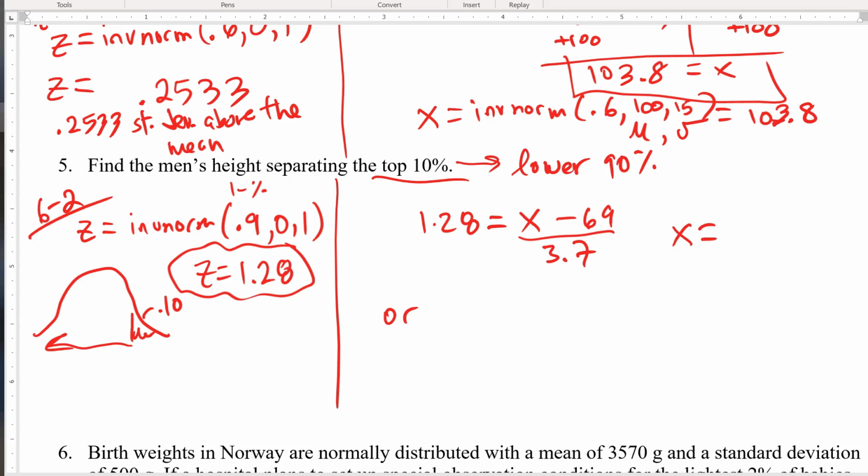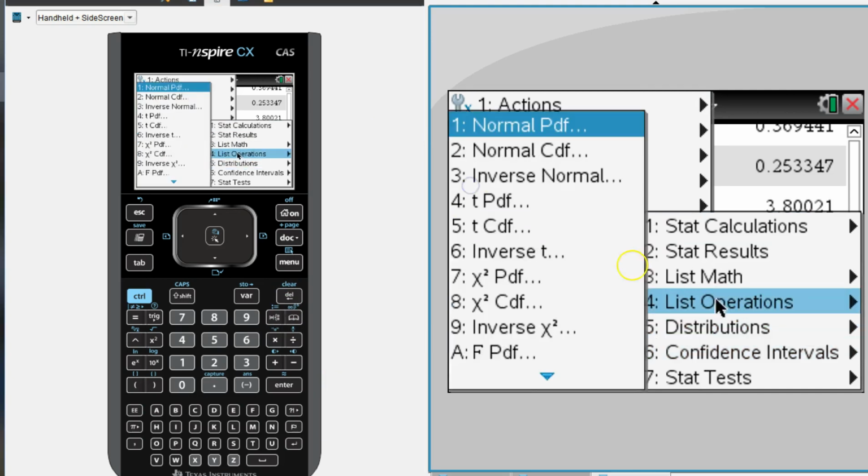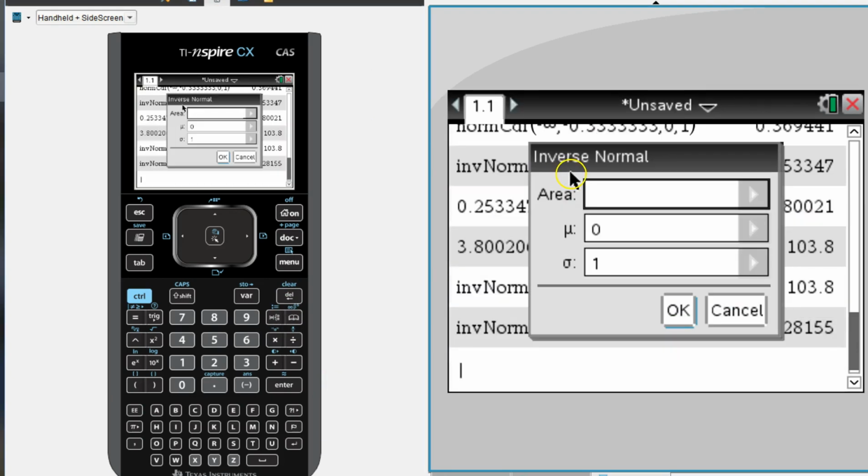I can use inverse norm of the 0.9 and fill in the actual mean and the actual standard deviation. Menu, statistics, distributions, inverse norm.